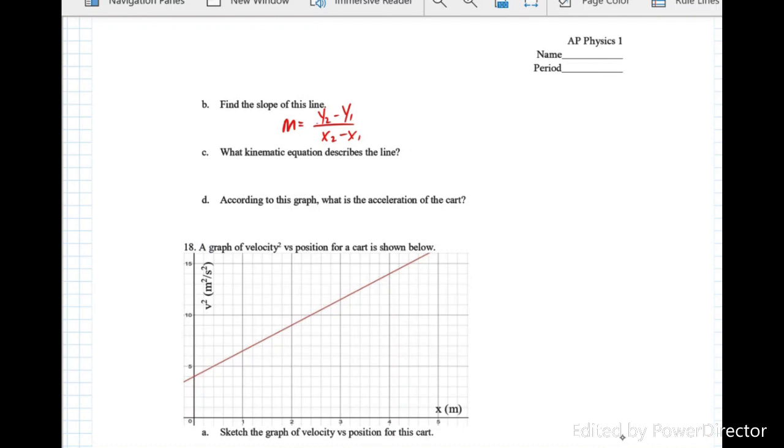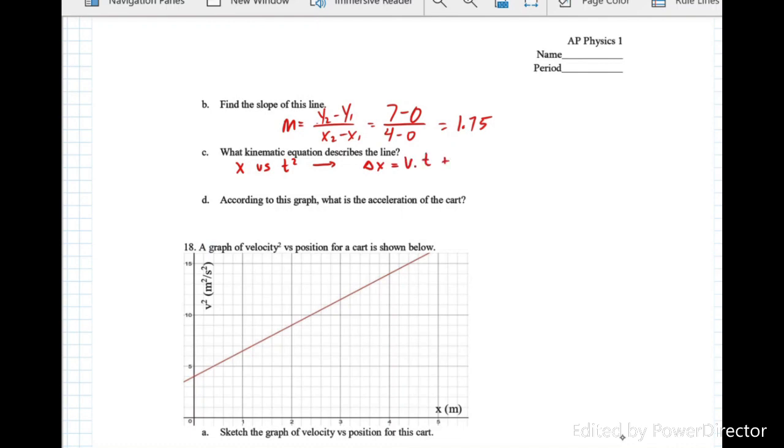So my y2, 7, minus y1, 0. Then x2, 4, minus x1, 0 gives me 1.75 as my slope. Well, that graph shows x versus t squared. So I want the kinematic equation that has x in it and that has t squared in it.